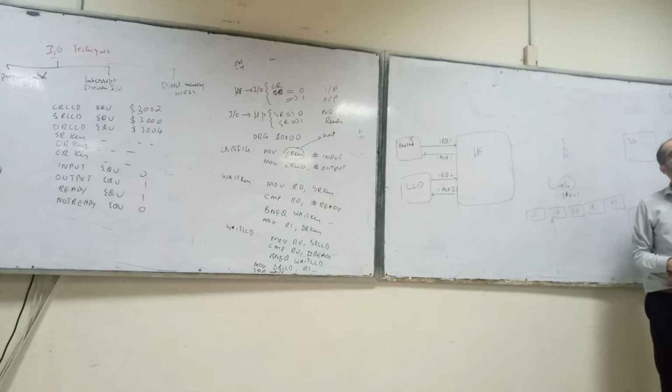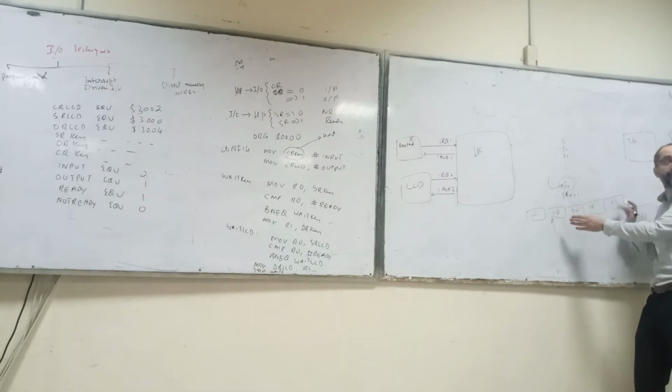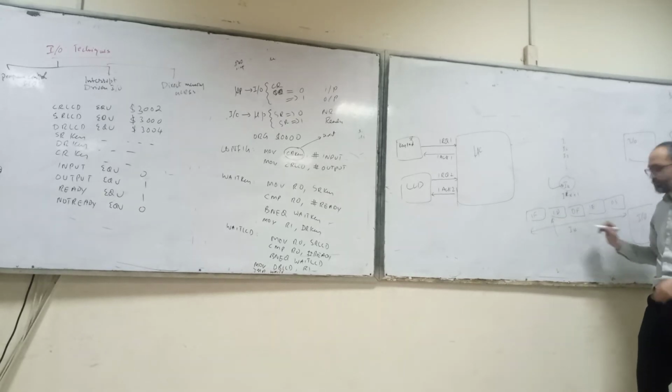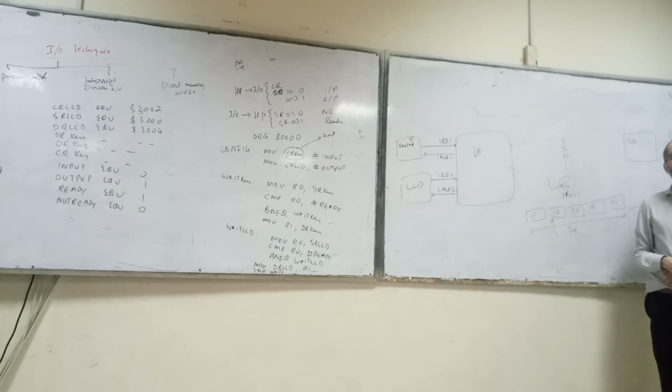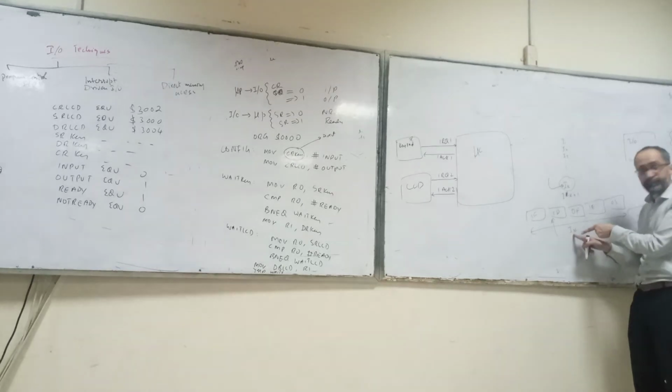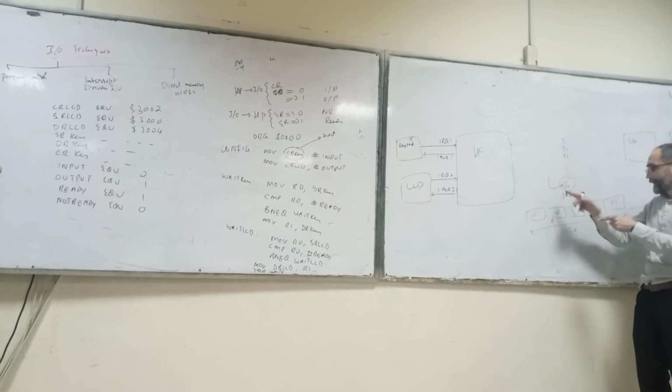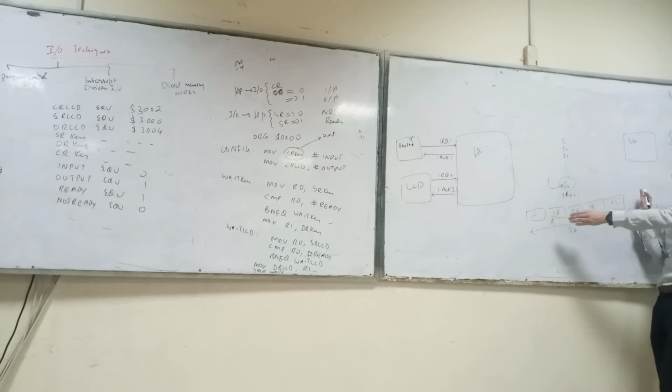What should we do now? We should complete the current instruction. Which instruction is this? IK. It's executing the instruction IK, and an interrupt arrives. The microprocessor will complete the current instruction.